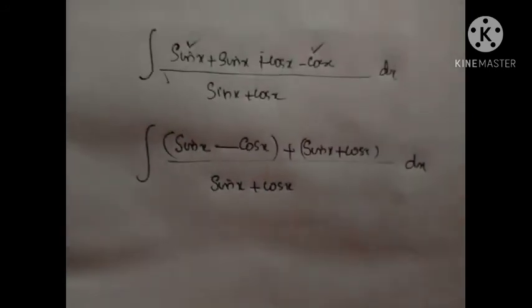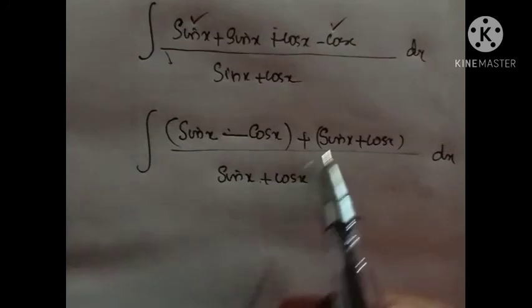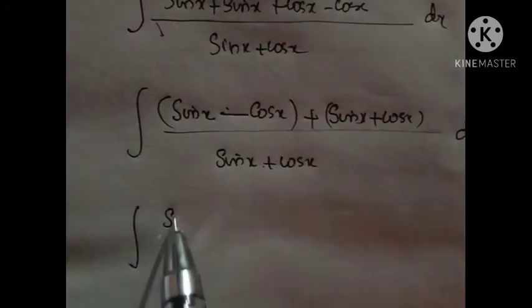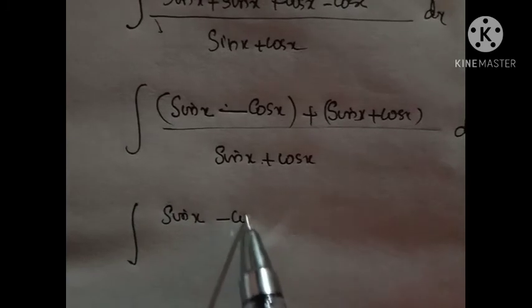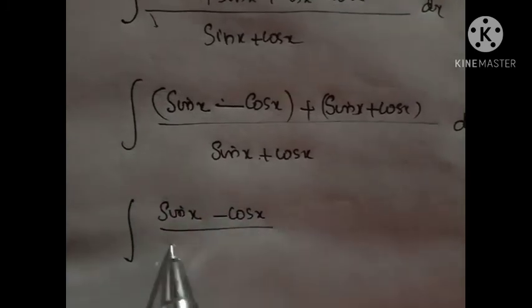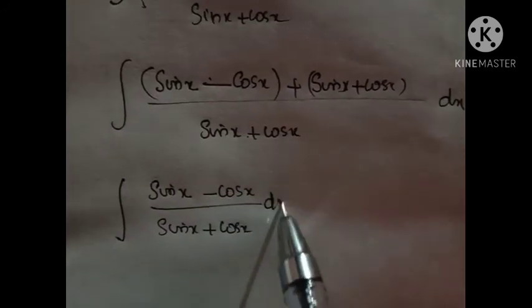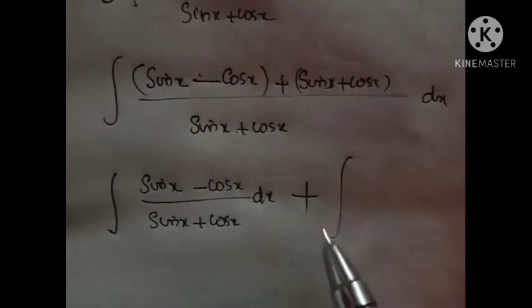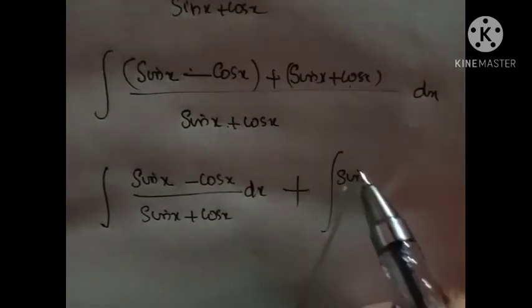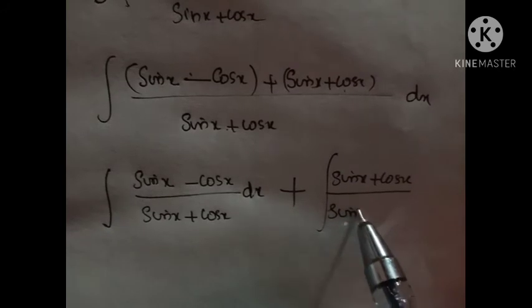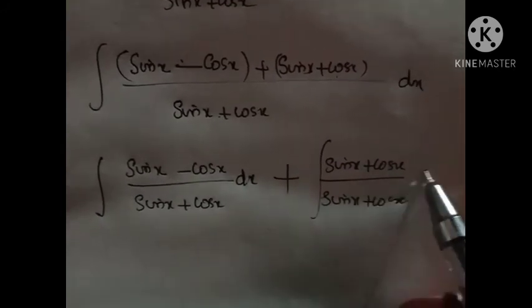Okay. Now separate the terms. So this becomes (sin x minus cos x) by (sin x plus cos x) dx. Okay. Plus the next term is (sin x plus cos x) divided by (sin x plus cos x) dx.